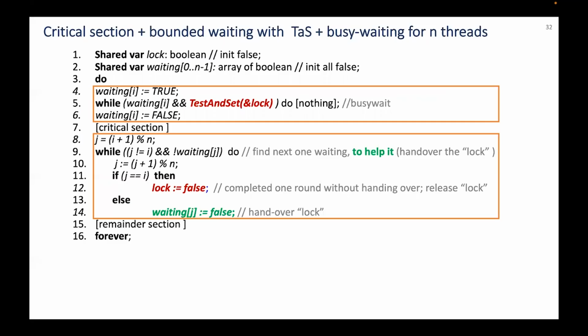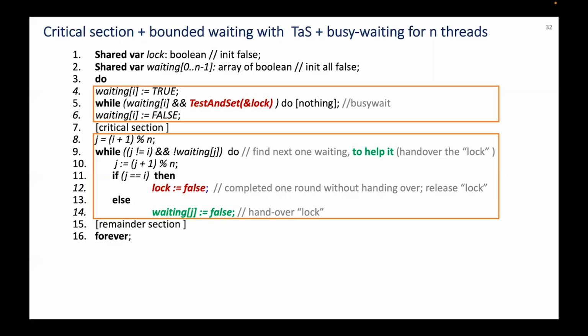The thread will stay in the loop until it manages to run test and set, as before, and while its waiting entry remains true. After exiting the while loop and before entering its critical section, the thread sets its entry in waiting to false. Now let's look at what happens after the thread exits its critical section.